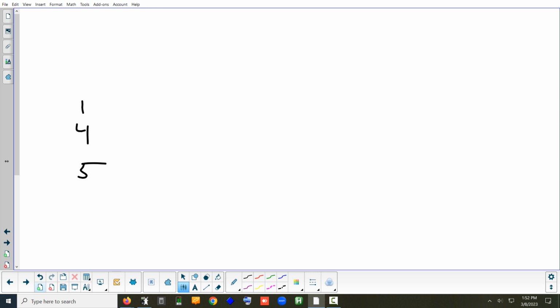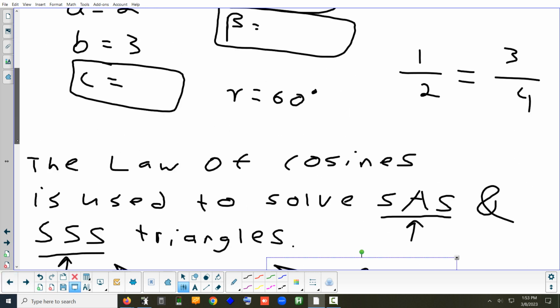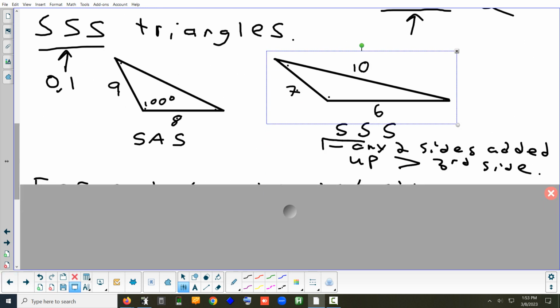You could not make a triangle with those measurements. So keep that in mind for side, side, side. If they don't, would it just be a no solution? You'd have to write no solution. Yeah.